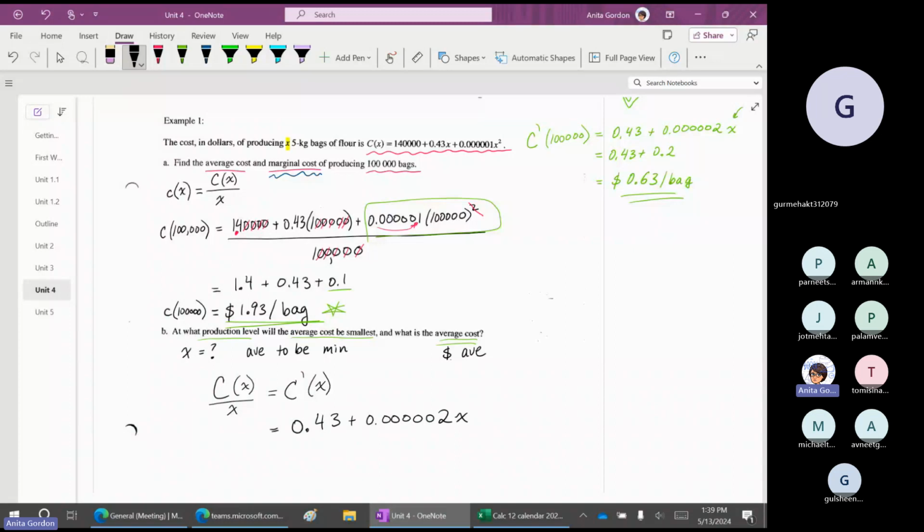And then on the other side, I'm going to get 4 zeros over x plus 0.43 plus 0.1234551x. Oh, I didn't give myself enough room.